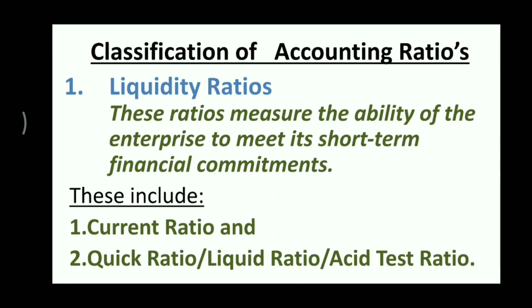It is known as acid test ratio because, as compared to current ratio, quick ratio is considered more effective in calculating the liquidity of a firm. How quickly and how efficiently a business can pay its short-term obligations or liabilities that are payable within a year, whether it has sufficient current assets or not.